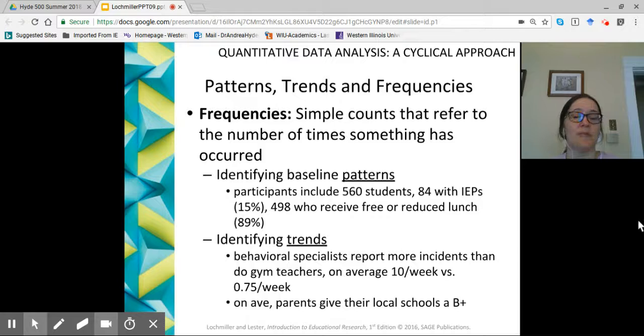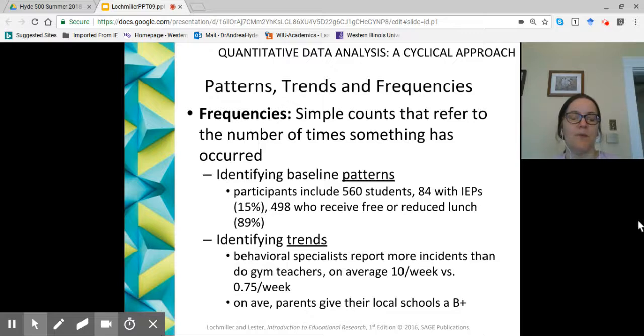Patterns, trends, and frequencies. A frequency is just a simple count. It refers to the number of times some things happen, the number of times people have shown up for a training, the number of times people have used a skill that you taught them. So you can use frequencies to identify baseline patterns.